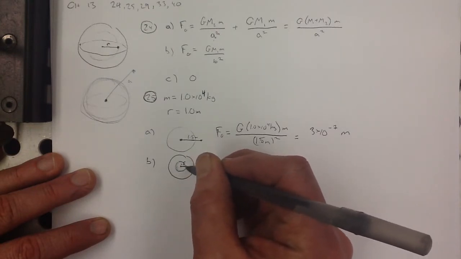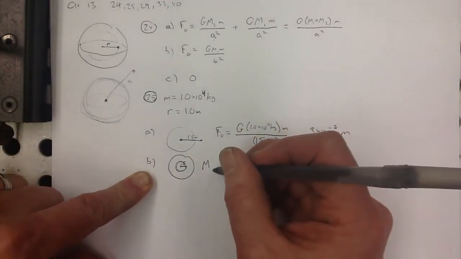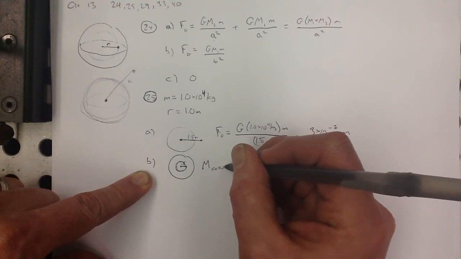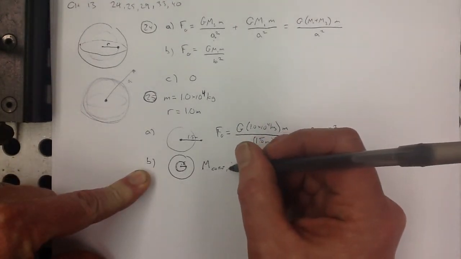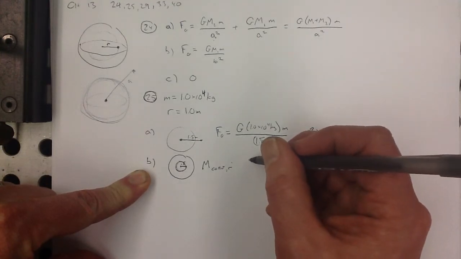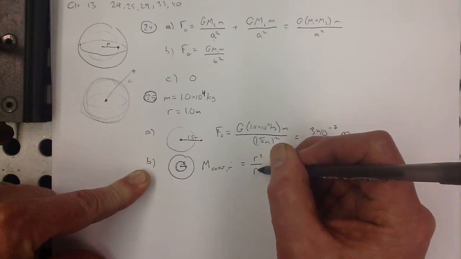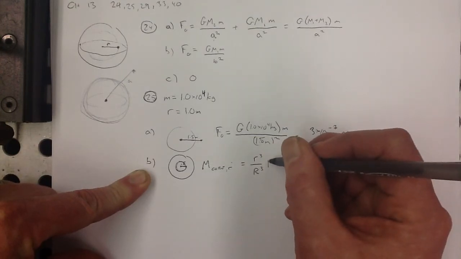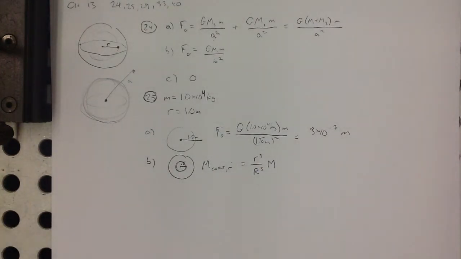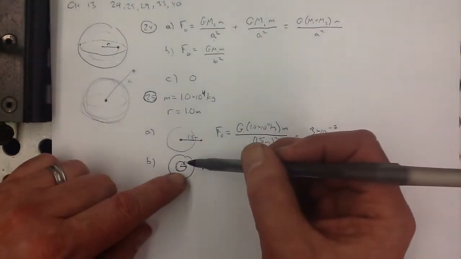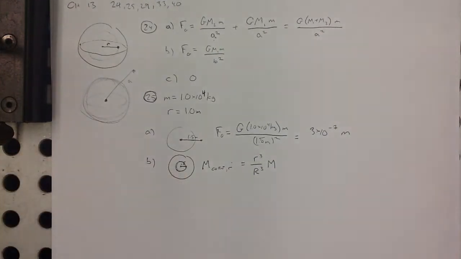And remember, since this is a three-dimensional object, the mass of the core of the sphere, we'll call that m core, at radius r is equal to r cubed over R cubed times the mass of the whole thing. Right, so it's some fraction. So if you're halfway in, like we are here, that's 1/2 cubed over the whole thing. It's 1/8, right?